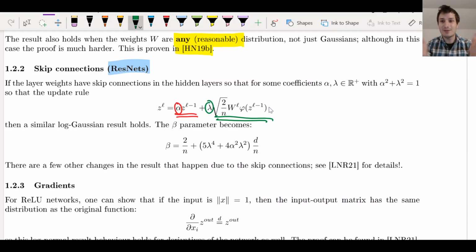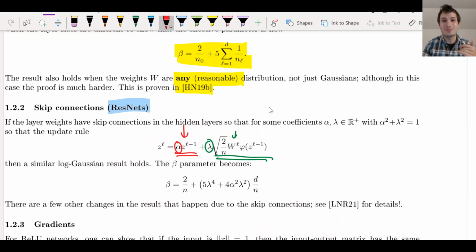If you do this convex combination, that's called a skip connection, and people think that this improves the trainability of the network. One thing people say is that this lets the network learn the identity function more easily. That's because if the network wants to, it can set all the weights to 0, and then you have some kind of identity function coming from this part of the network. So these are called skip connections. And if you do that, the whole thing becomes much more complicated.